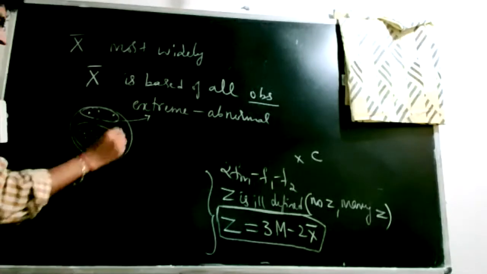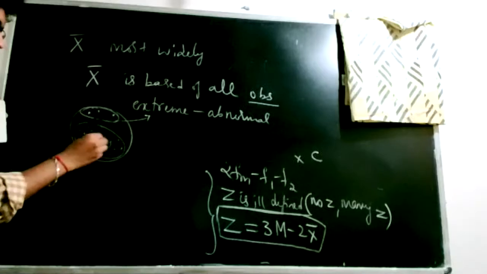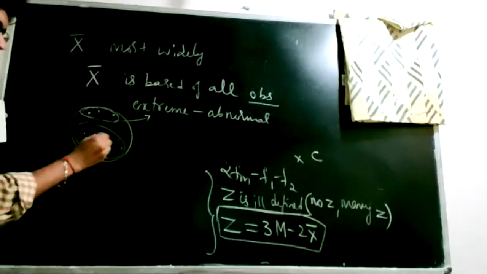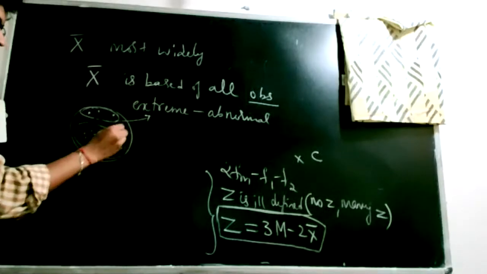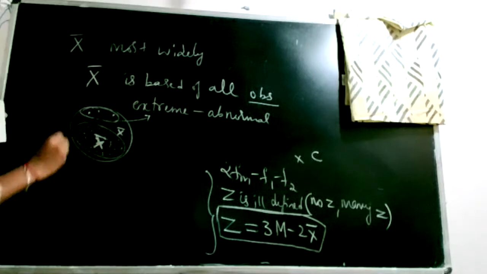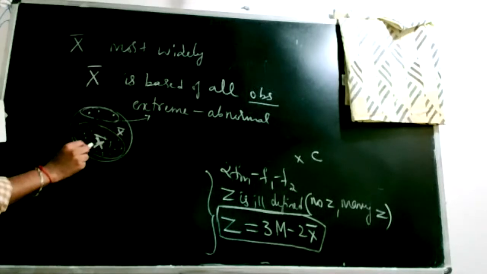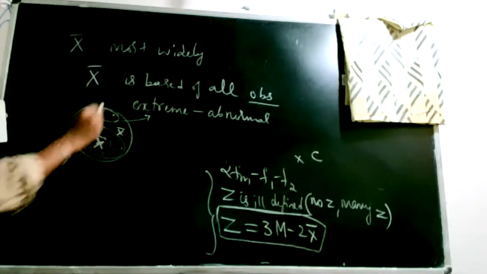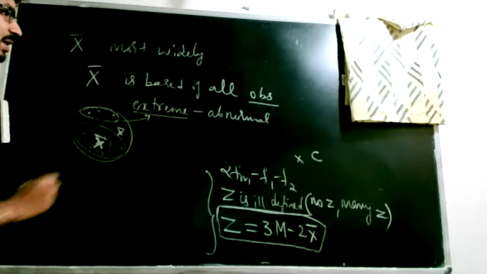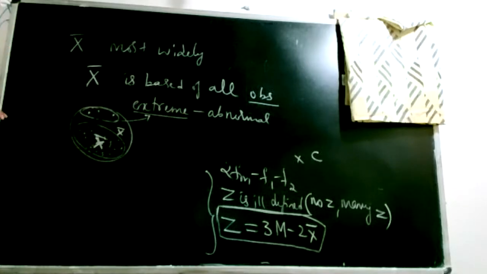So in that case, instead of observing the value of x bar with respect to one group, we observe it somewhere in between these two groups. So our x bar is neither giving us a clear picture of this nor of that. That is the reason: it is affected by the extreme or abnormal values.